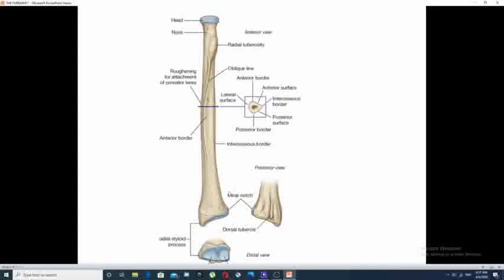It is a long bone, has an upper part formed of head and neck, and a lower expanding part, which is the styloid area or the distal part of the radius.